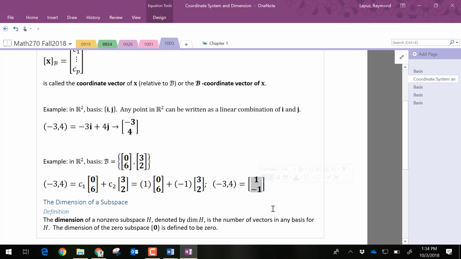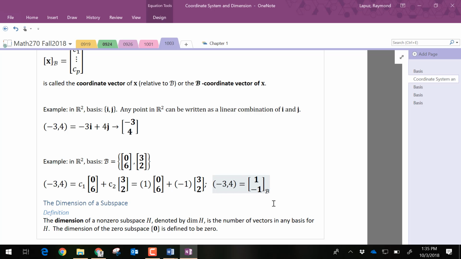But that doesn't make sense because 1, -1 is another point or another vector. So to make sure that we're distinguishing this from a regular vector with the standard basis, we're going to use a subscript, to say that the basis I was using to get this is actually the basis that we made up.